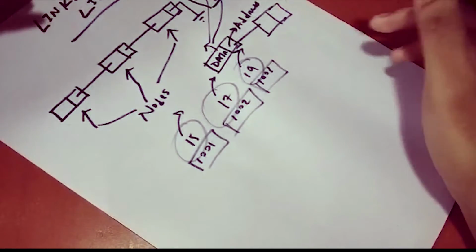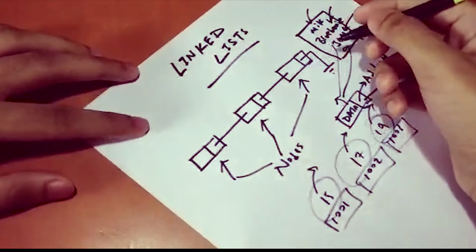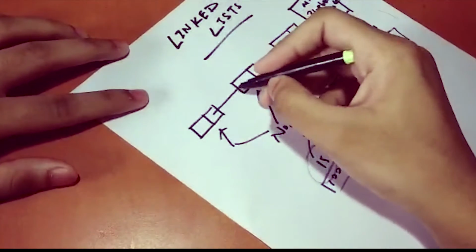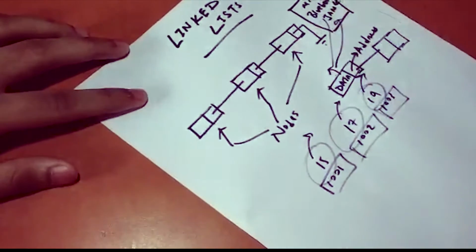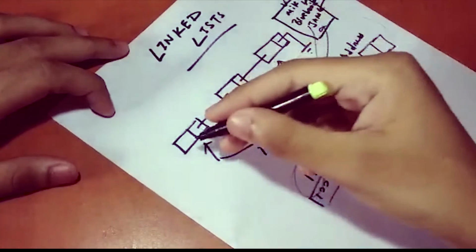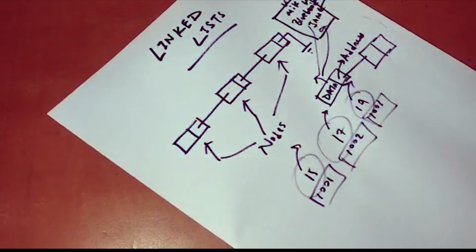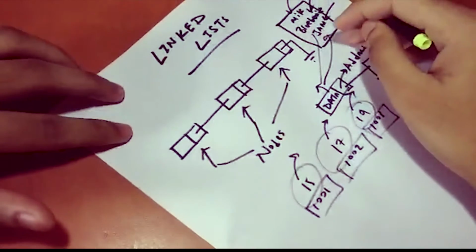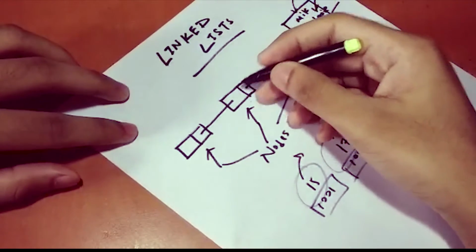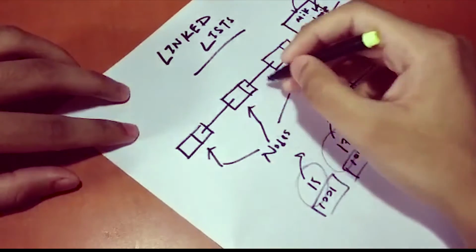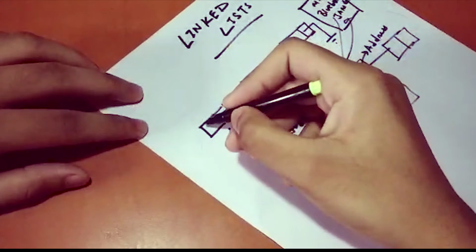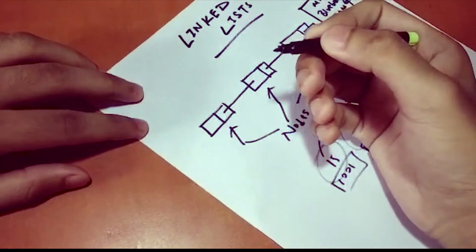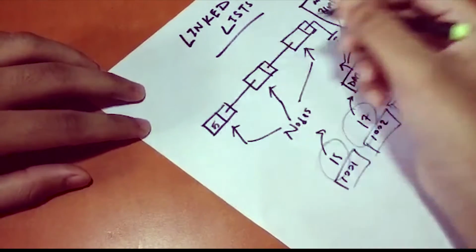In the case of this linked list, there are many nodes, right? There can be an infinite number of nodes. I drew just 3, but it can be more. This is the first node, this is the second node, this is the third node. So what is this doing? Firstly, I entered a number, say 5.